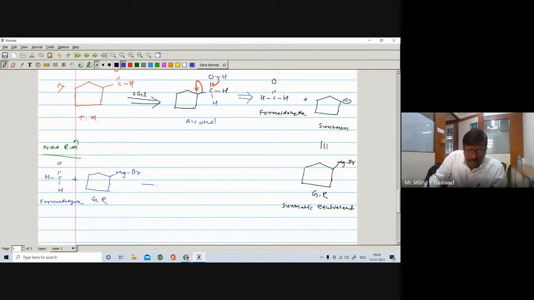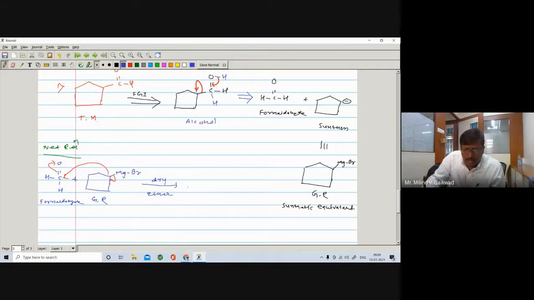When you have a Grignard reagent, the reaction always starts in the presence of dry ether. So the pi bond opens on the oxygen, O negative, C positive. Here is a negative. So this sigma bond opens on this carbon, C negative, and the C negative attacks this C positive, and O negative attacks this Mg positive.